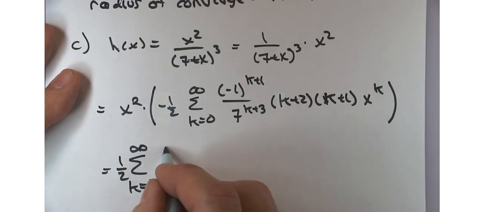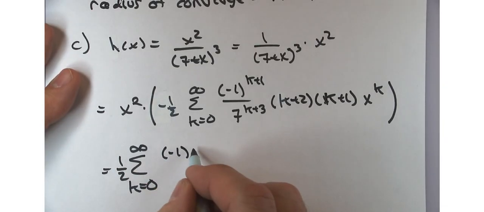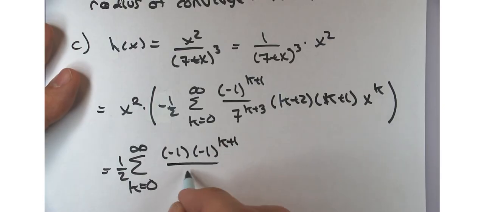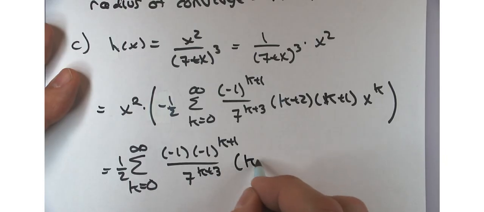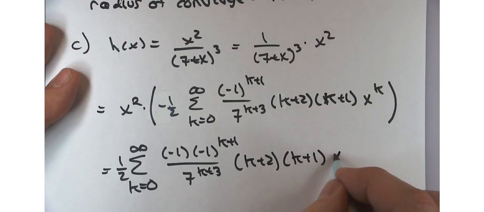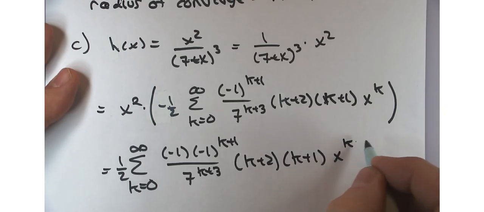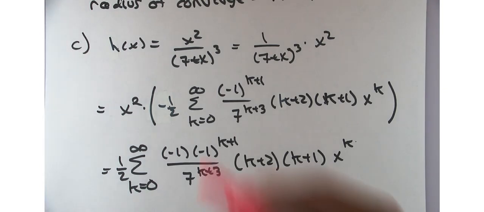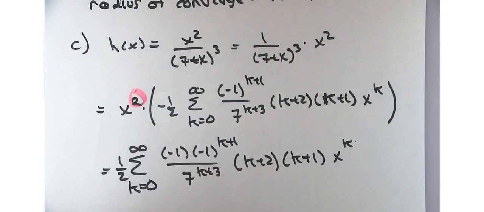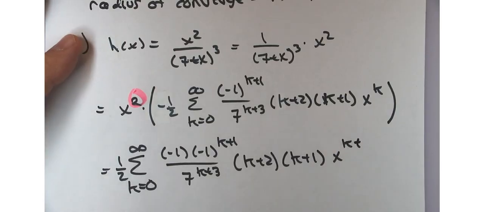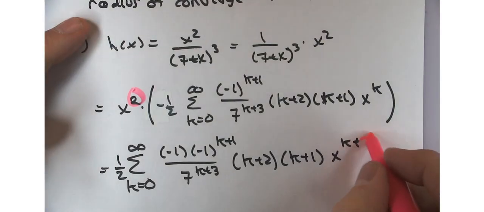I've got a -1 here. -1 to the k plus 1, 7 to the k plus 3, k plus 1, k plus 2, and x to the k. Let's just put in that plus 2 there right away. That 2 is coming from there.